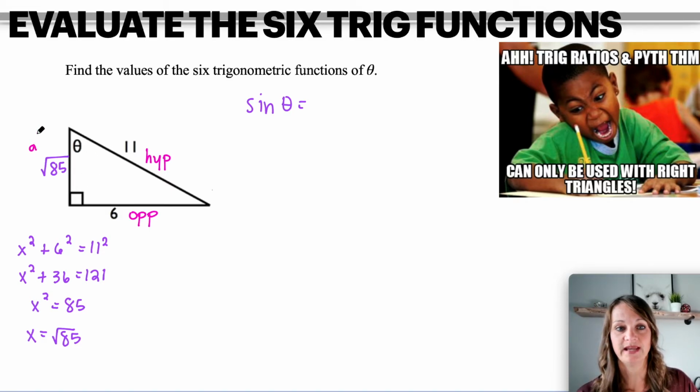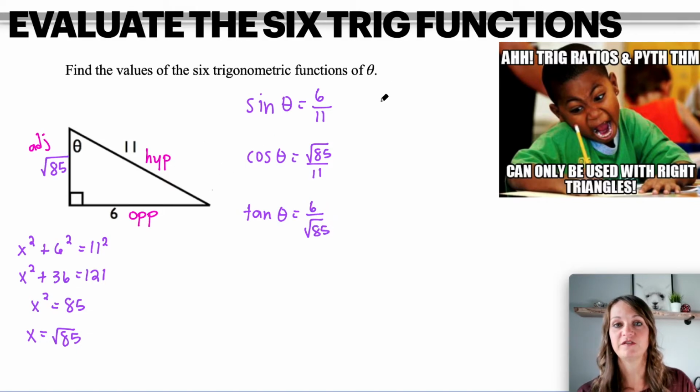And then this would be my adjacent because it is next to the angle. So sine of theta is going to be opposite over hypotenuse. Cosine of theta is going to be adjacent over hypotenuse. And tangent is going to be opposite over adjacent.